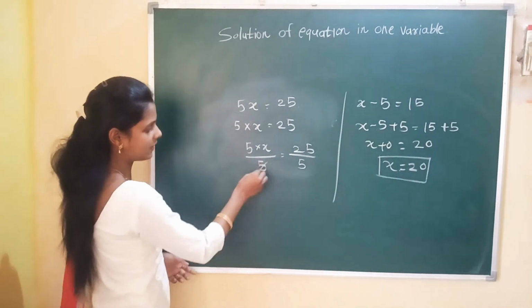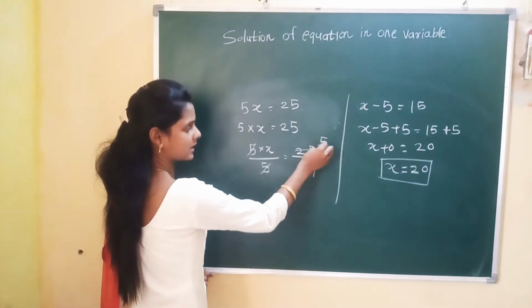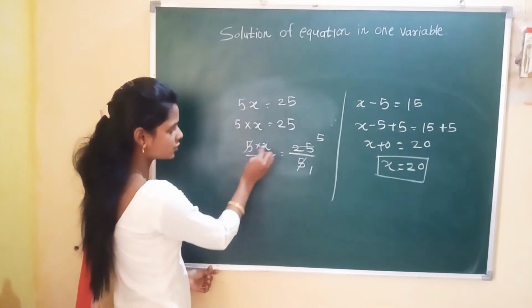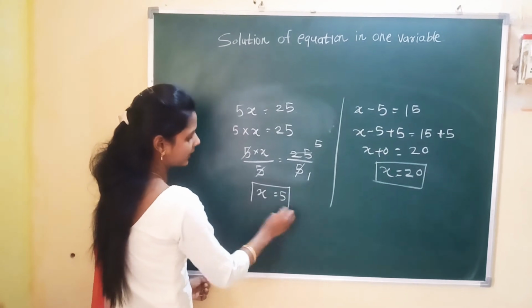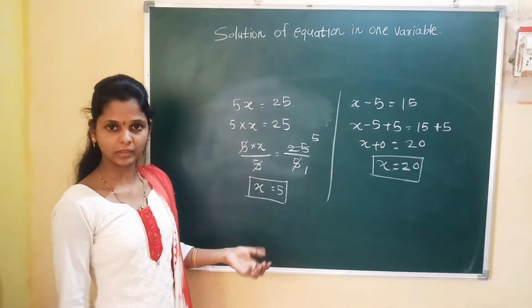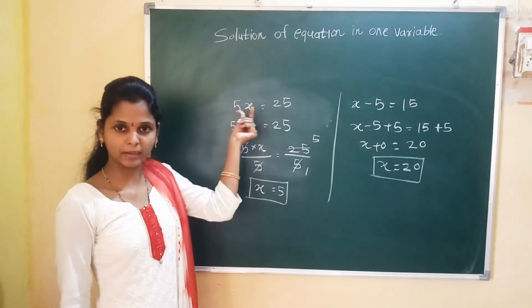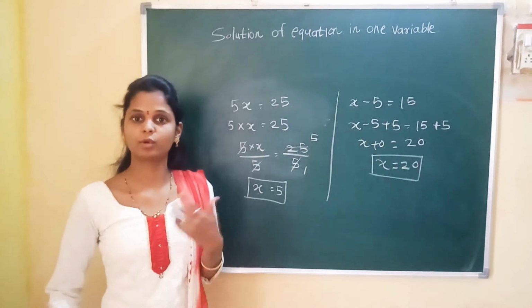This 5 will get cancelled with this 5, and here 5 fives are 25. So here x remains only and here 5. So you get the answer x is equal to 5. You have to remember one thing: whenever there is a multiplication you have to divide, and whenever there is a division you have to multiply.